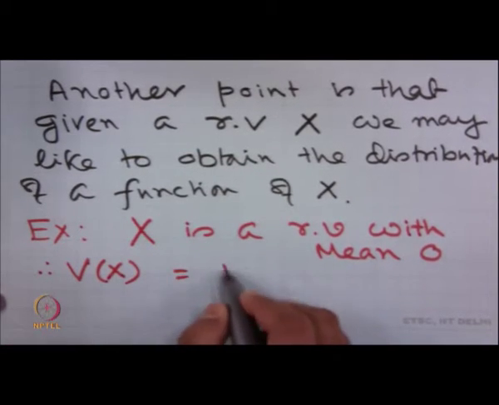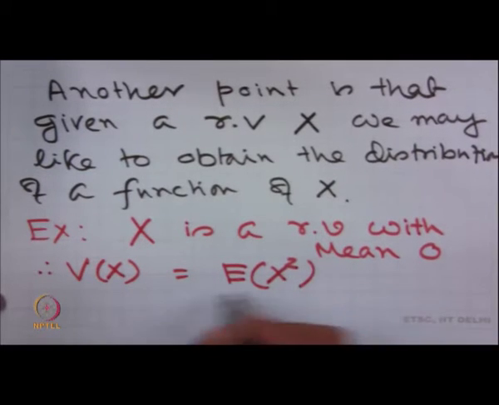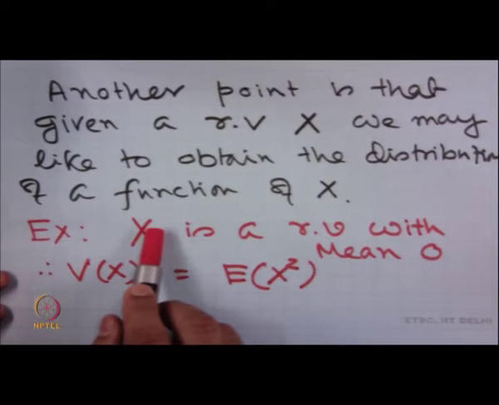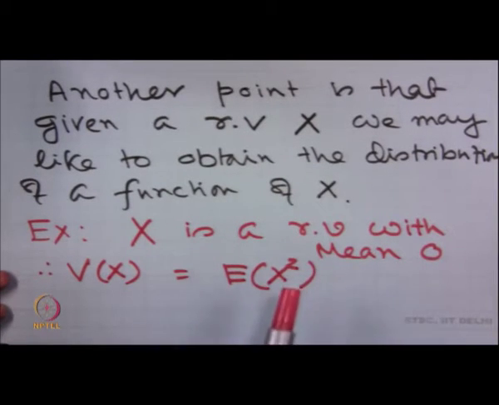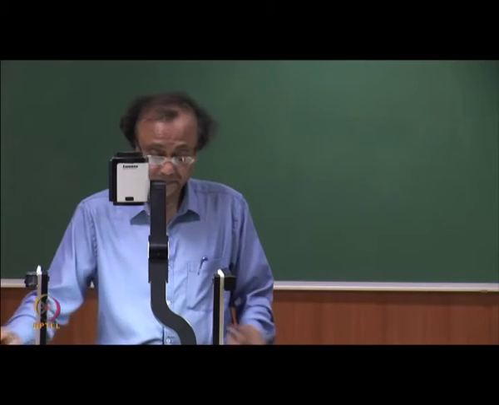It is equal to the expected value of x square. So, given the distribution of x, we are trying to find out the expectation of a function, namely the square of the random variable. For the discrete case, this may be simple.